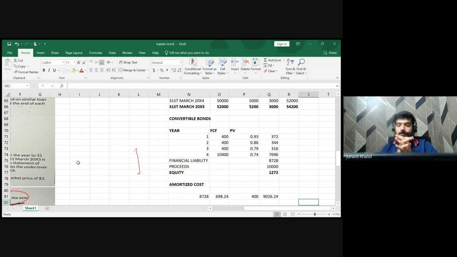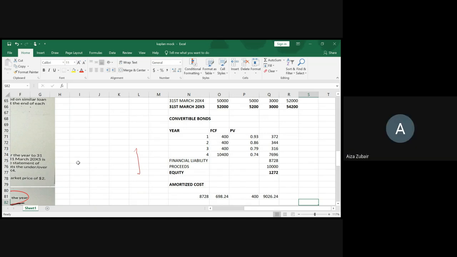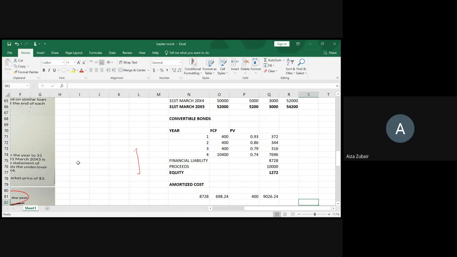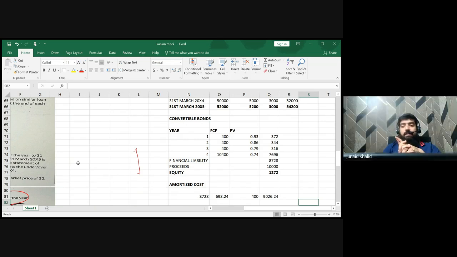What will be the amount? We use the proceeds, right? 10,000 is the total proceeds that we have received, but this will not be recognized as a liability. Okay, then it's 8,728. 8,728 was the initial liability.